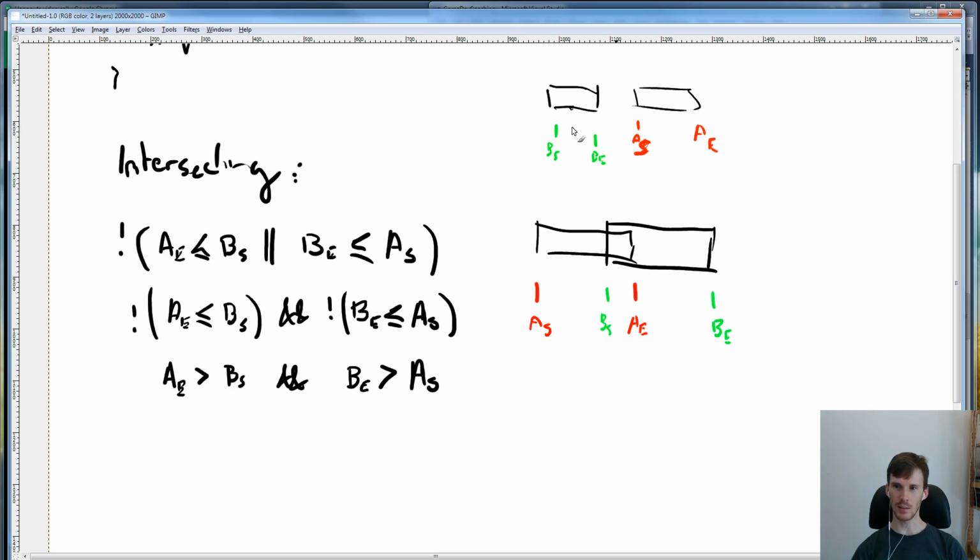A end is definitely greater than B start, which is that one and that one. But is B end greater than A start? You look at that and no, it's not. So you have to wait until this gets close enough in there before these two pairs actually cross over. So that's how that works.